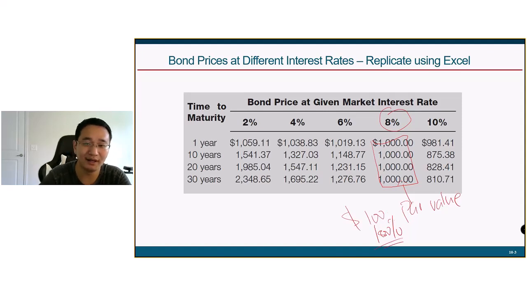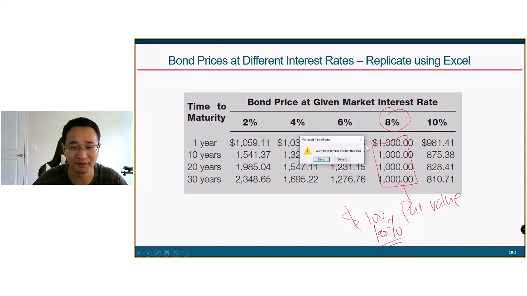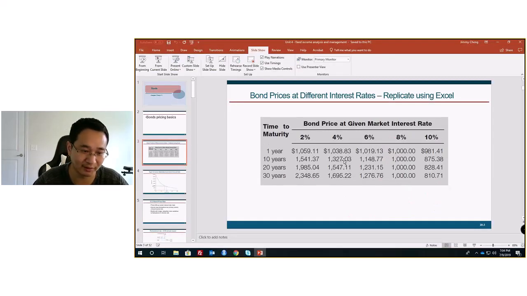Okay, and this shows the bond price at different market interest rates: 2%, 4%, 6%, 8%, 10%. It becomes necessary to use Excel for you to understand what's going on. So let's shift to Excel.